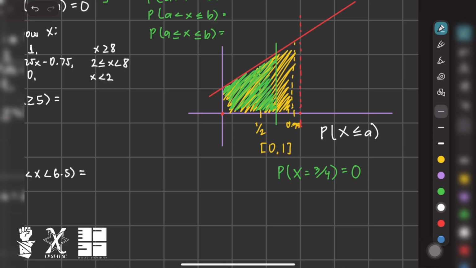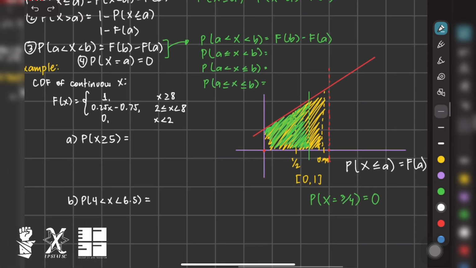We always want to arrive at this form so we can always go back to F of a, because with this we can now call the value from the piecewise function, so we can evaluate your probability.